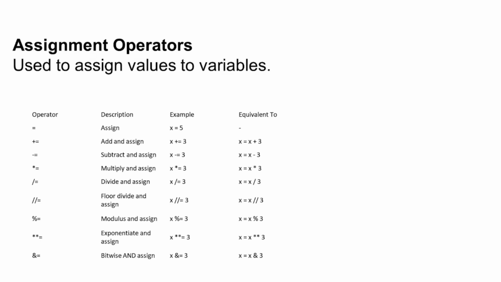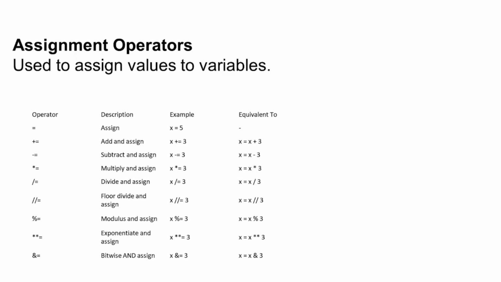Add and assign: x plus equal to 3 means x is equal to x plus 3. Suppose the value of x is 1, then the new value of x is 1 plus 3, which is 4.